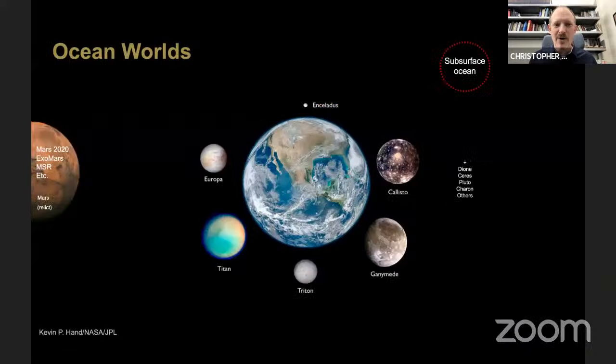But when we think about going to ocean worlds, we're now talking about going to places where, unlike, for example, Mars, which has experienced a lot of meteoritic transfer between Earth and Mars due to large meteorite impacts, ocean worlds like Europa, Titan, Enceladus, other places in our solar system have not experienced that meteoritic transfer, and the potential for life hitching a ride on a space rock is greatly reduced, to the point where if we're looking for life, it's likely to be life as we don't know it.